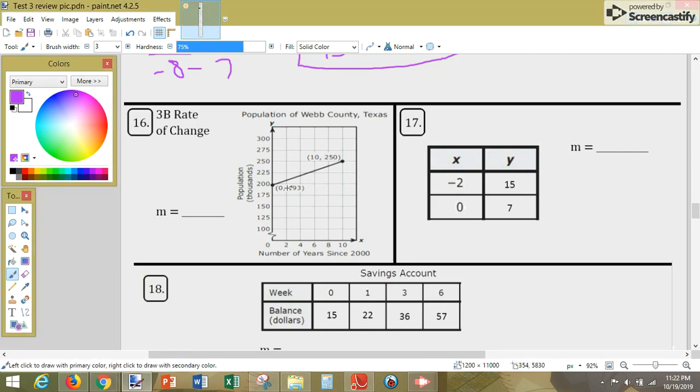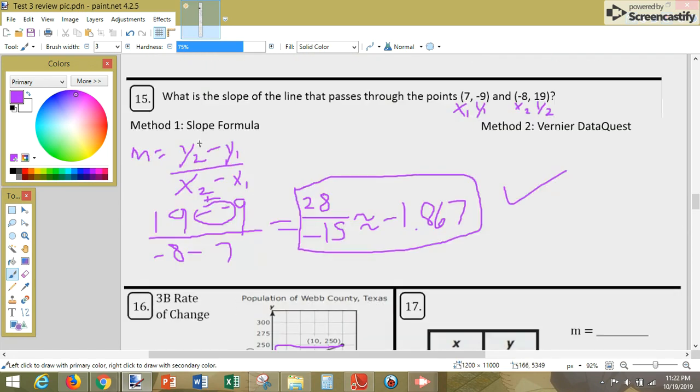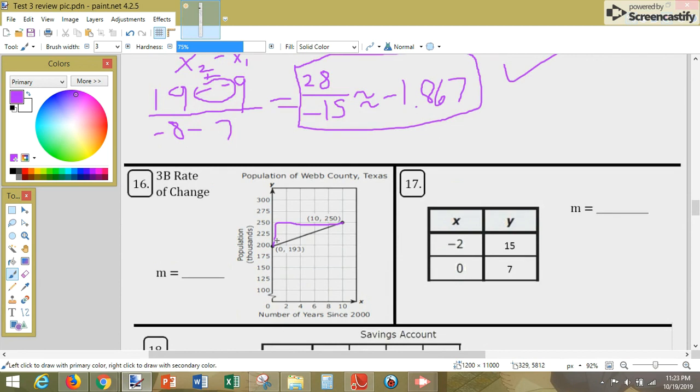So we already have our points labeled, so we could use the formula here, or we could make a triangle and do our change in y over change in x. So let's count these. Each square is counted by 25s. So we have 25, 50. Our rise is 50. And our run is skip counting by 2s: 2, 4, 6, 8, 10.